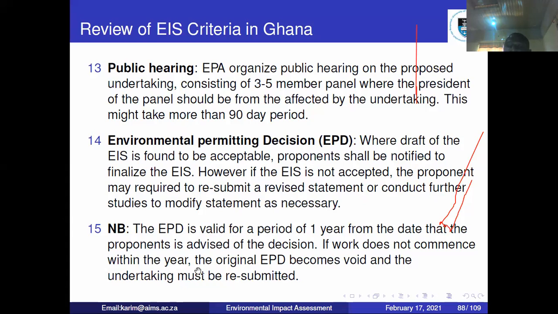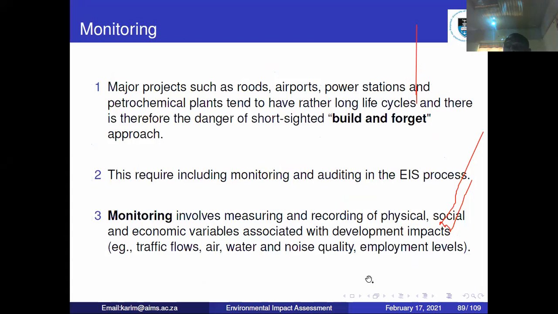So if they say go ahead and do your project and you refuse to start the project, after 1 year, you have to submit another report for review. So if work does not commence within the year, the original environmental permitting decision becomes void and the undertaking must be resubmitted again. So you must start your project quickly.